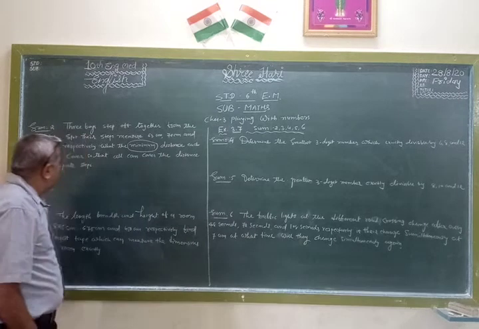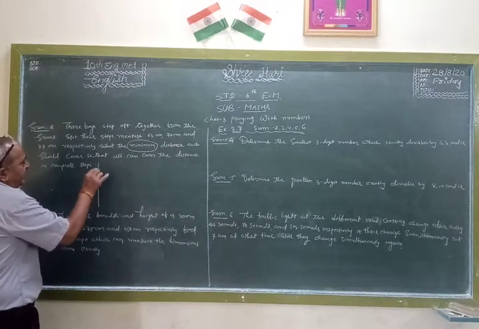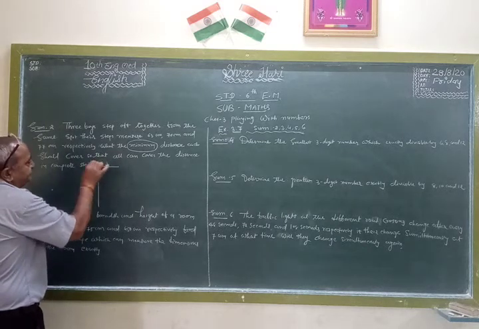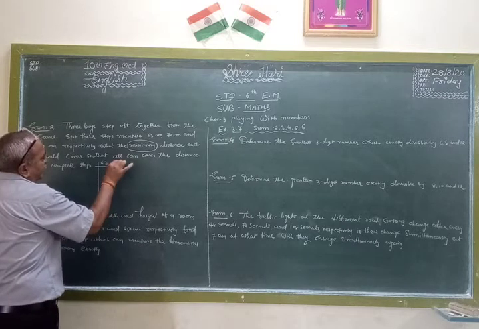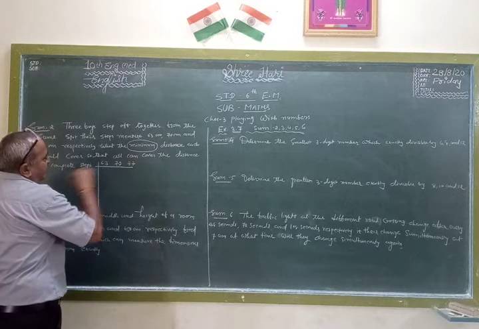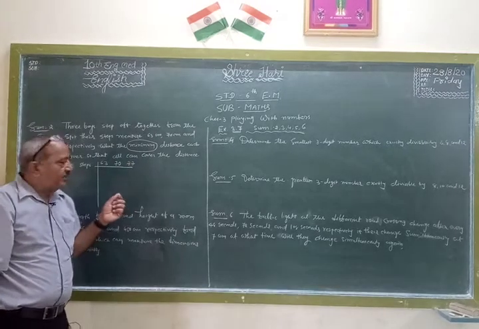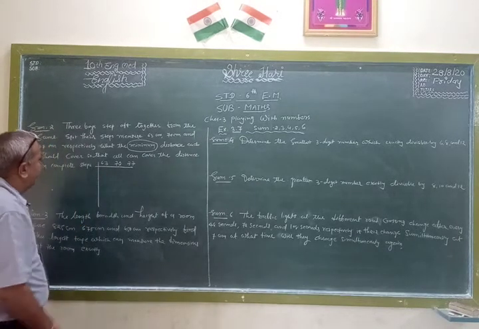Friends, we are going to find the LCM of 63, 70 and 77. We know prime factor and divisibility tests. With the help of both, we can find the LCM.